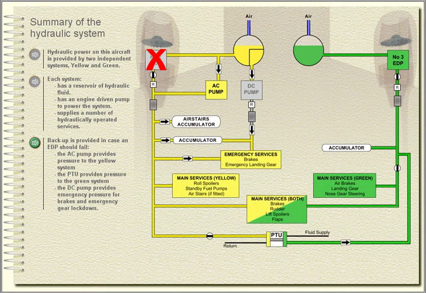The PTU provides pressure to the green system. The DC pump provides emergency pressure for brakes and emergency gear lockdown.